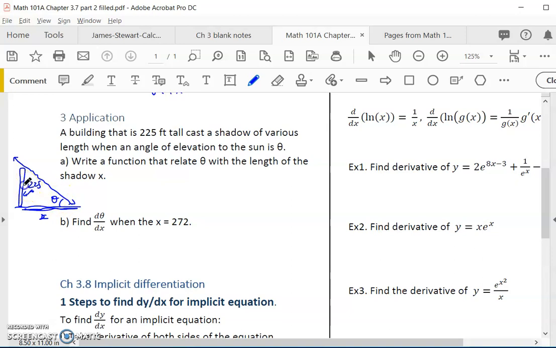Relative to theta, this is opposite, and relative to theta, this is adjacent. So I can establish a ratio: tangent theta is equal to 225 over x.